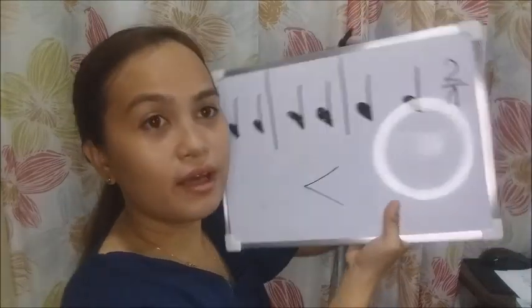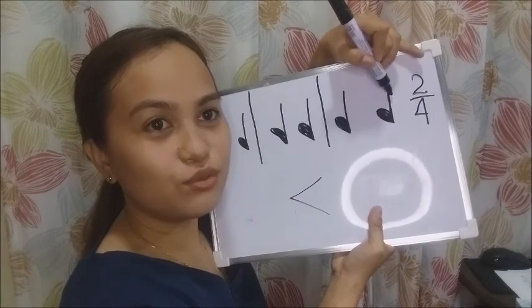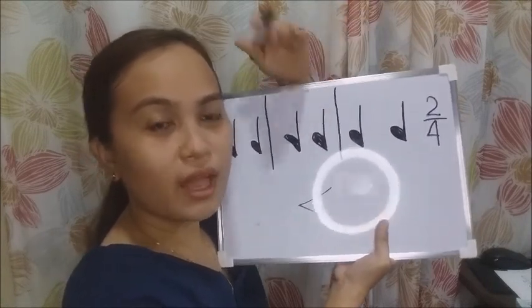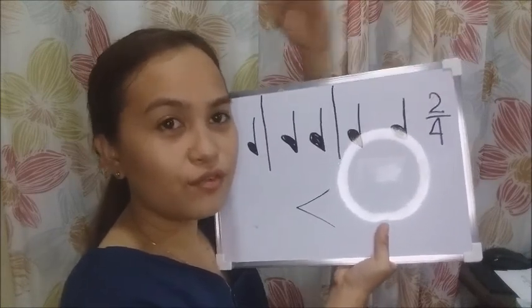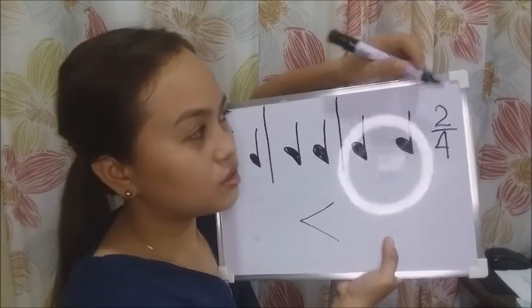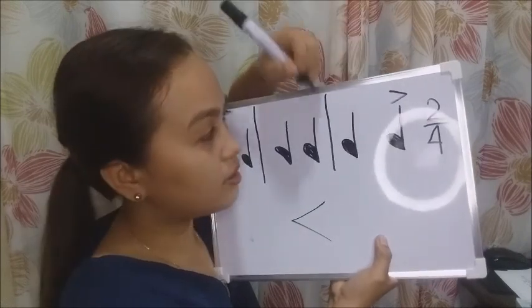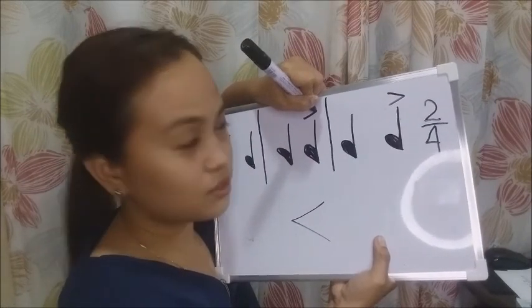So we have a 2/4 time signature there. 1 2 1 2. The accented beat is located on the first beat in a measure. The second measure also has it on the first beat.